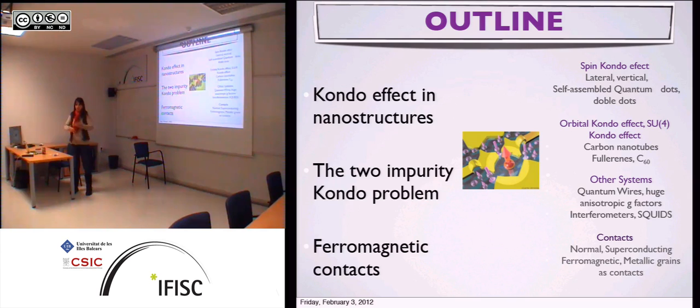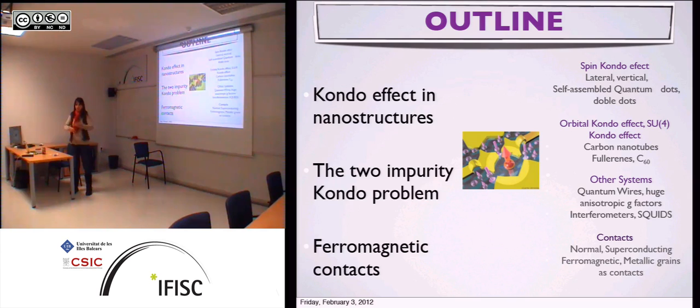And you can make this type of second order perturbative process in a way that you flip the spin of the impurity through a state that is empty, or through a state that is doubly occupied here.